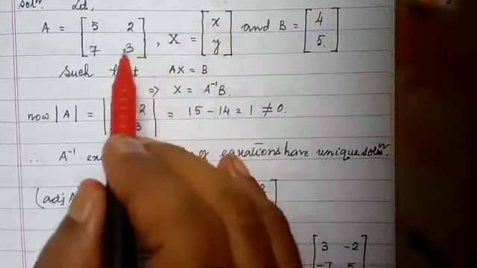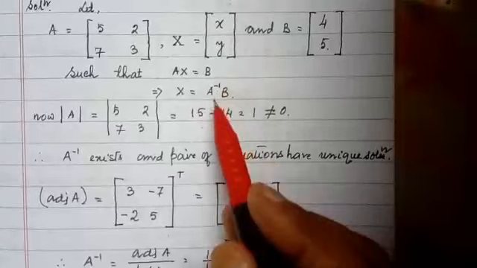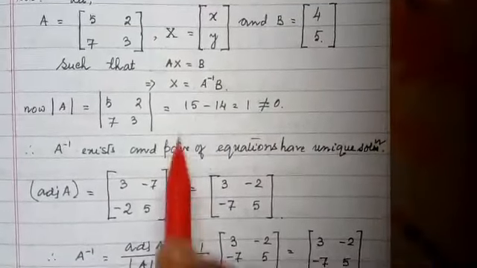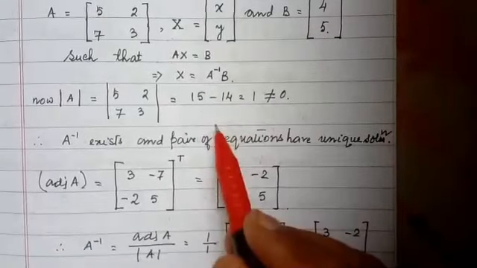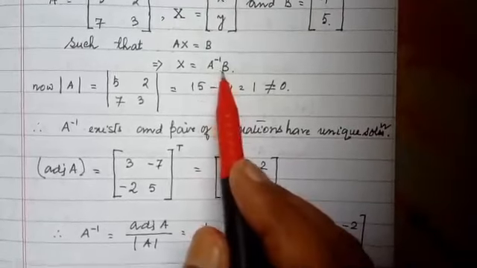Similarly, 7x plus 3y is equal to 5, which is the second equation. Now from this we can write X is equal to A inverse B. Now we have to find A inverse. But before that we have to test whether A inverse exists or not.